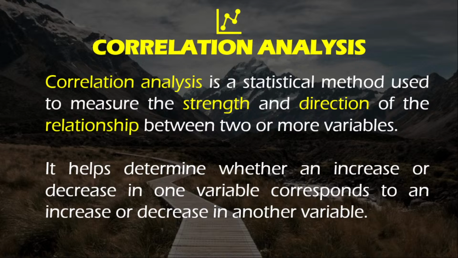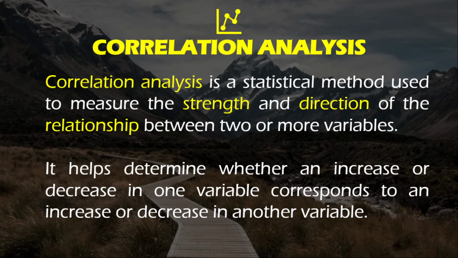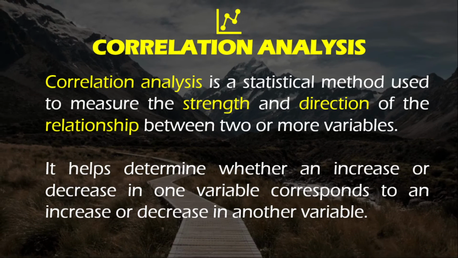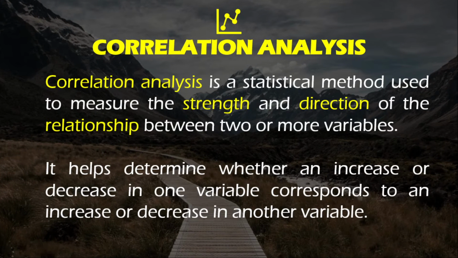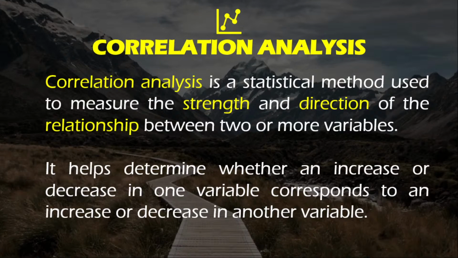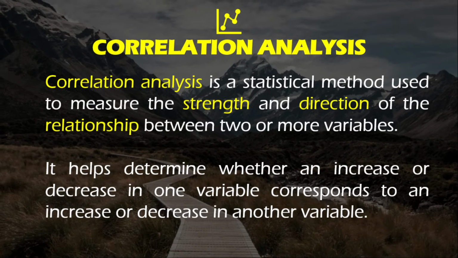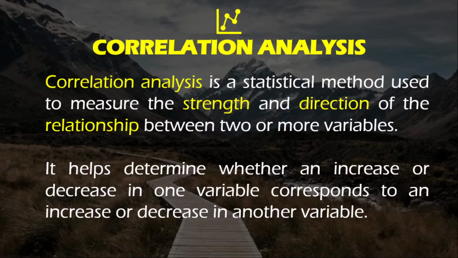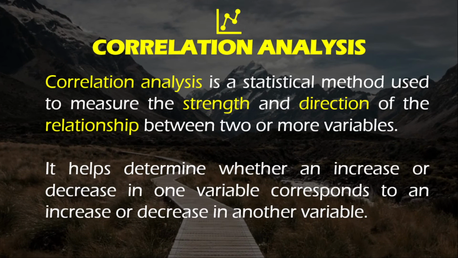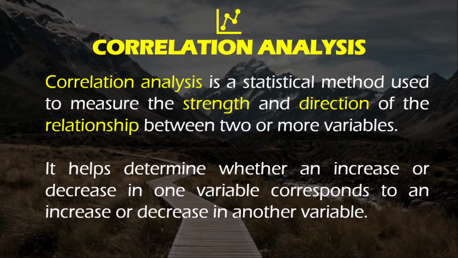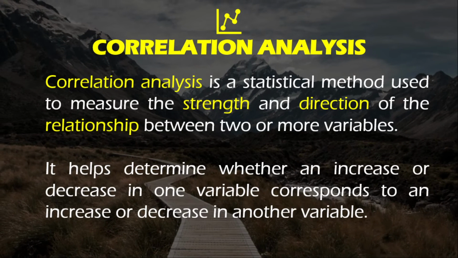It determines whether an increase or decrease in one variable corresponds to an increase or decrease in another variable. It helps to determine that if there is an increase in variable A, will it impact an increase or a decrease in variable B?